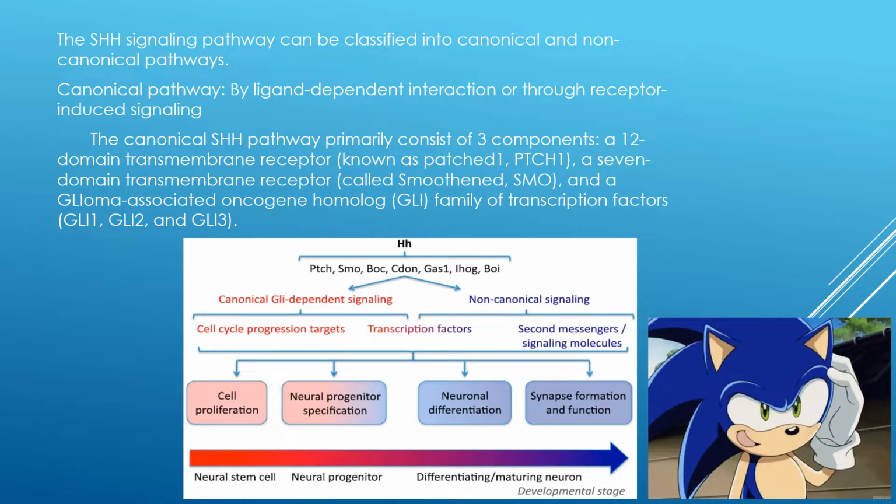And below is a diagram of the two pathways. One is done with GLI-dependent signaling, and the other is the non-canonical signaling with second messengers and/or signaling molecules.